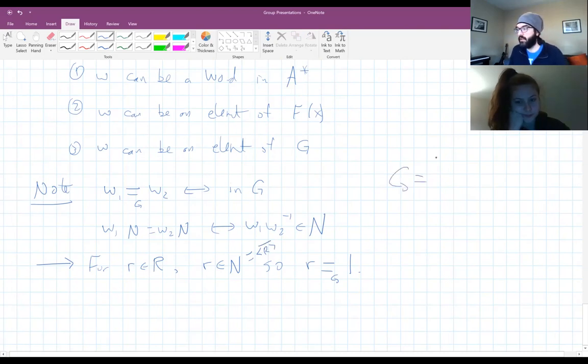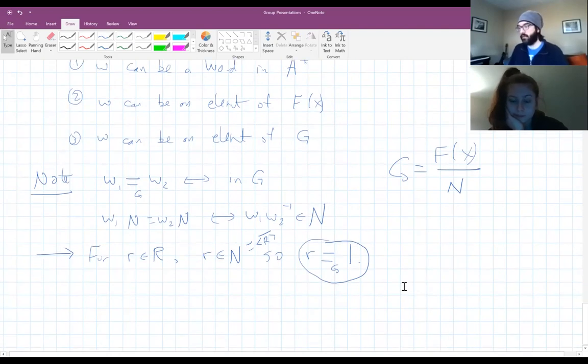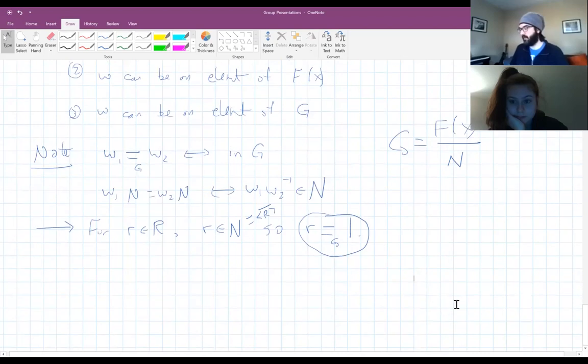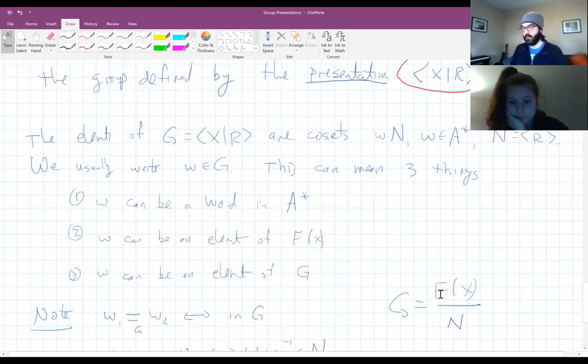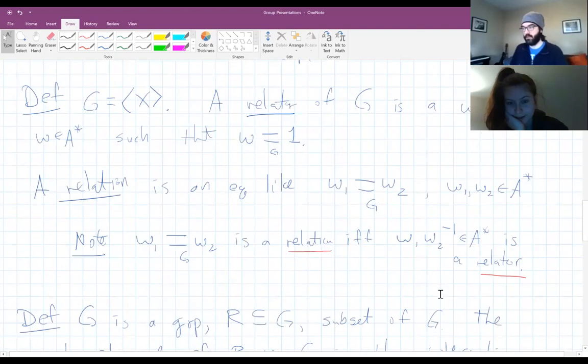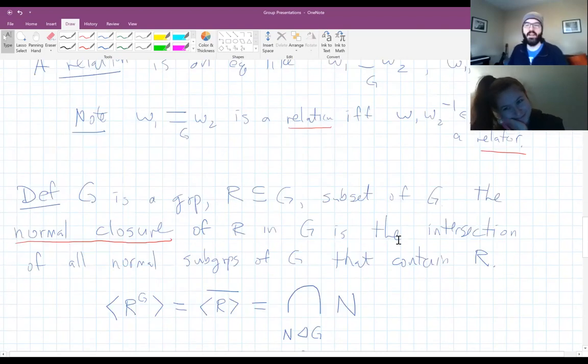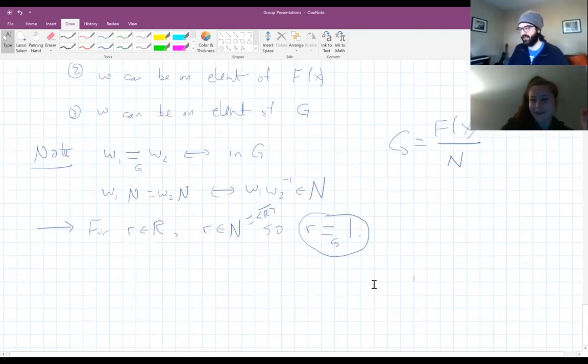But G is equal to F mod N. So if I mod out by it, it has to be equal to 1 inside of G because I've modded out by it. Does that make sense? So what are all the things that are equal to the identity? We call them relators.